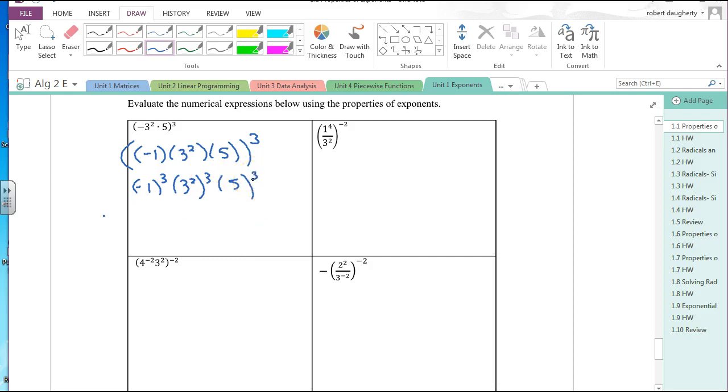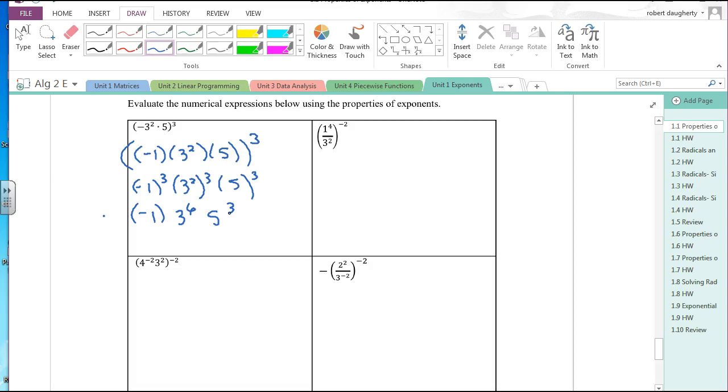So what's -1 cubed? -1 times -1 times -1 is -1. This is going to be 3 to the 6 and 5 cubed. How do I figure out what 3 to the 6 is?